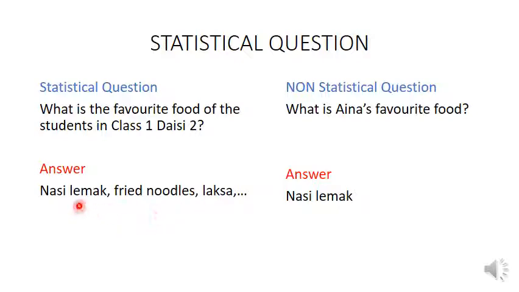And the answers that you get are different answers, a variety of answers: nasi lemak, fried noodle, laksa. But for a non-statistical question, the answer that you may get is only one answer. For example, Aina said her favourite food is nasi lemak. Only one answer.